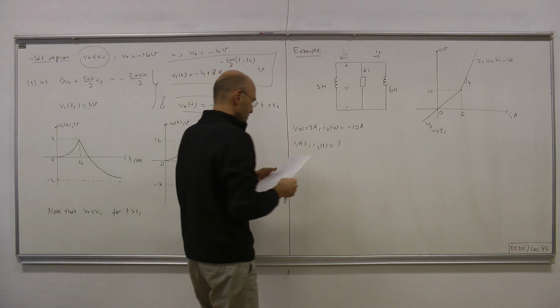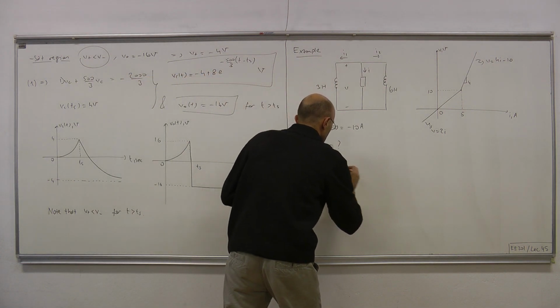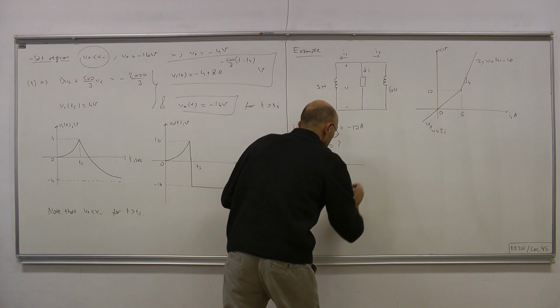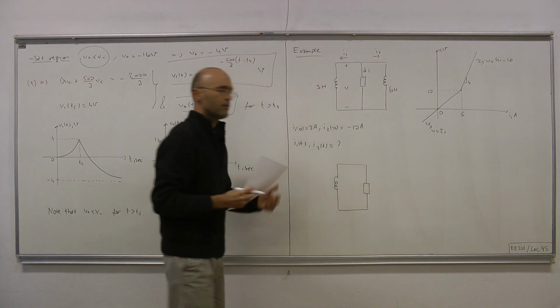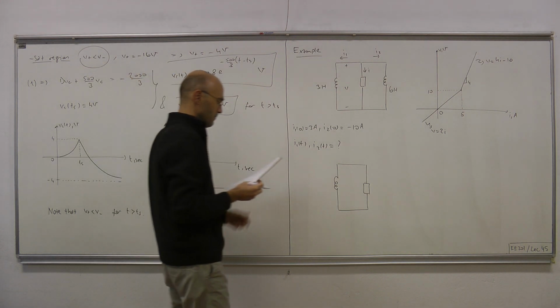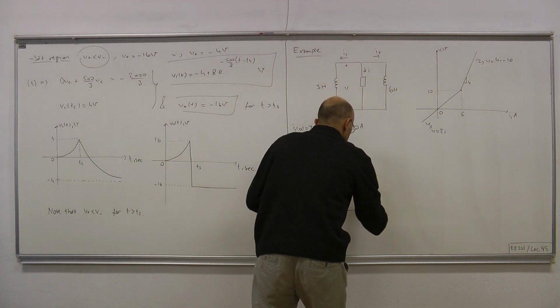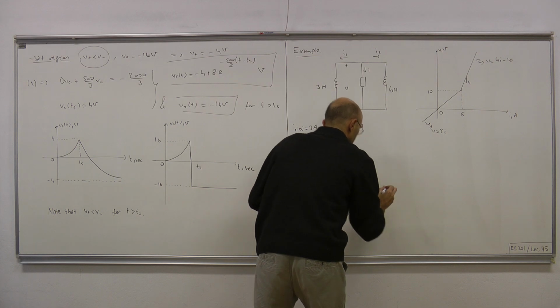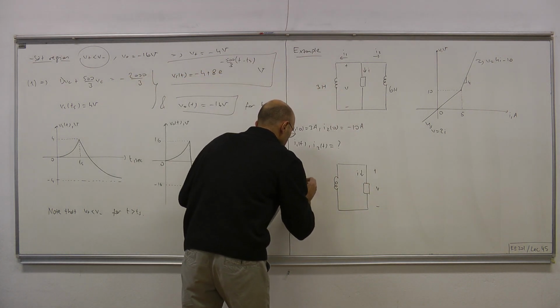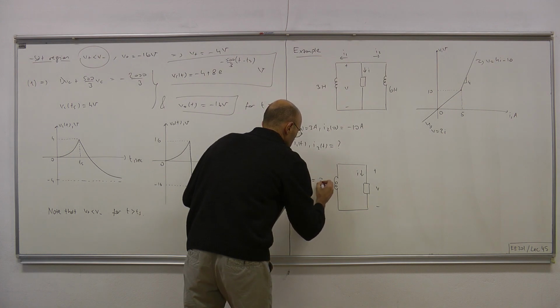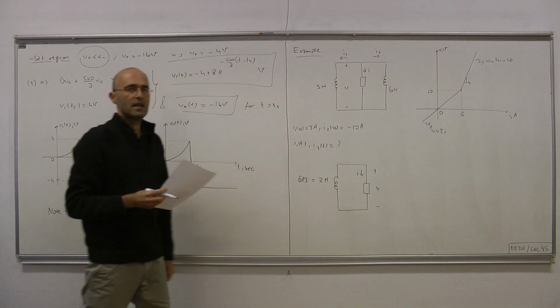So let's do that. We have this simple topology. This is the current and voltage of our nonlinear resistor, and this is our 6 parallel 3 equals 2 Henry inductor.